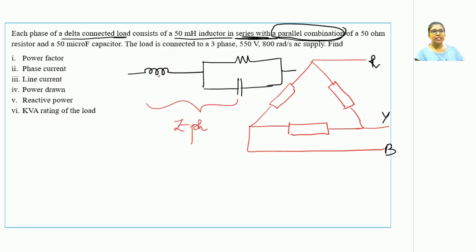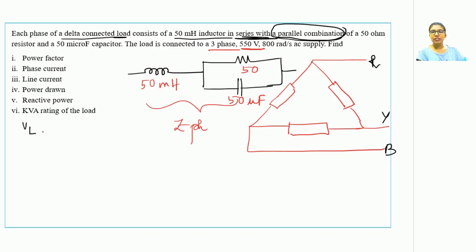The value of the inductor is already mentioned, which is 50 millihenry. The value of the resistor is given as 50 ohms and the value of the capacitor is given as 50 microfarad. It further states that the load is connected to a three-phase 550 volts. So what will be this value of 550 volts?